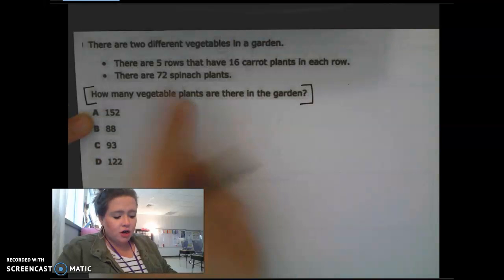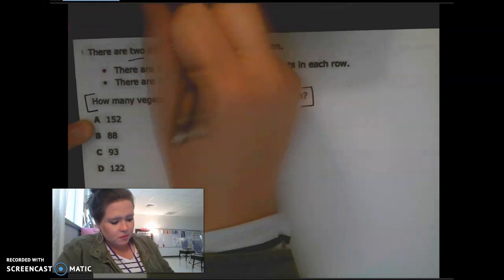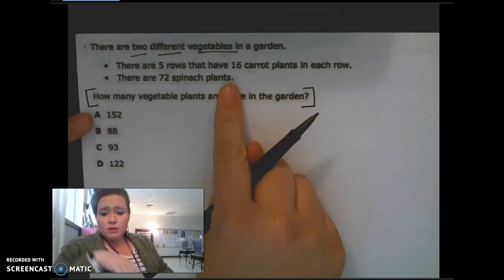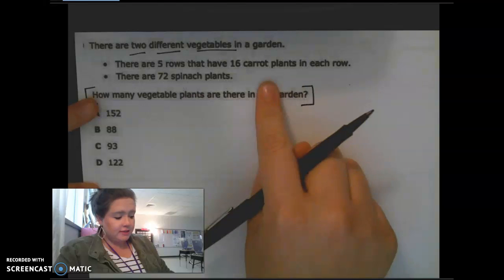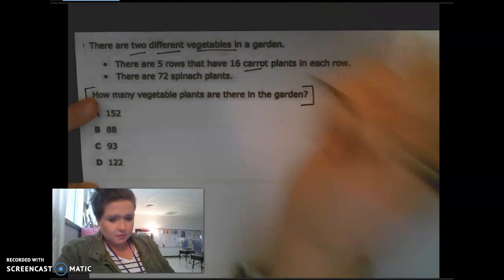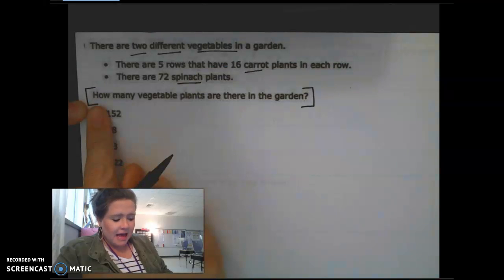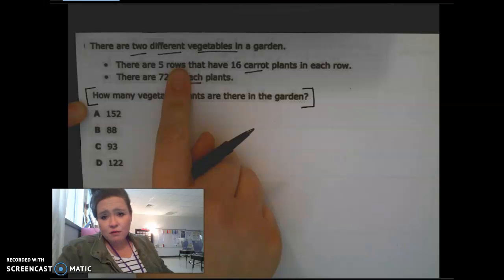Well, I know that there are 2 different vegetables in the garden. And the 2 vegetables are carrots and spinach. How many vegetables? Well, I know that I have 5 rows of 16 carrots.